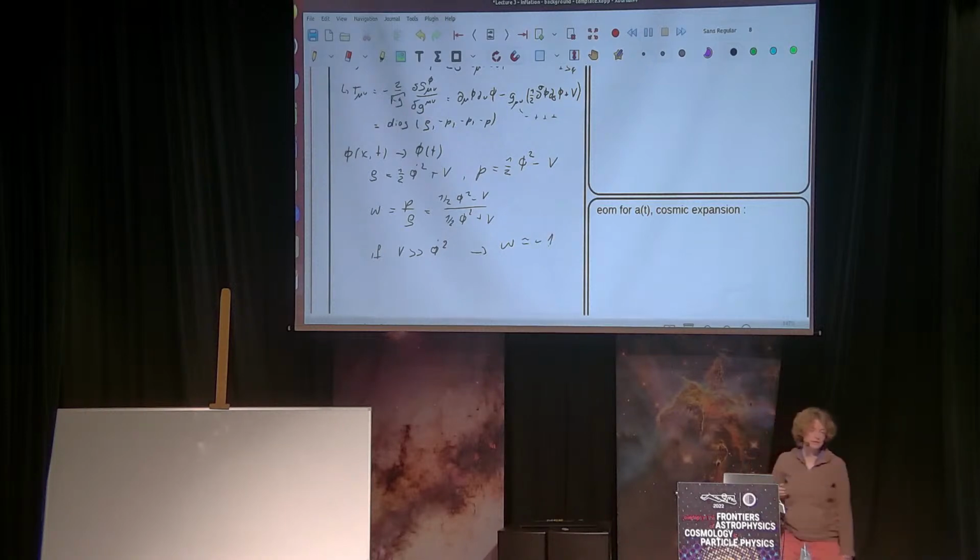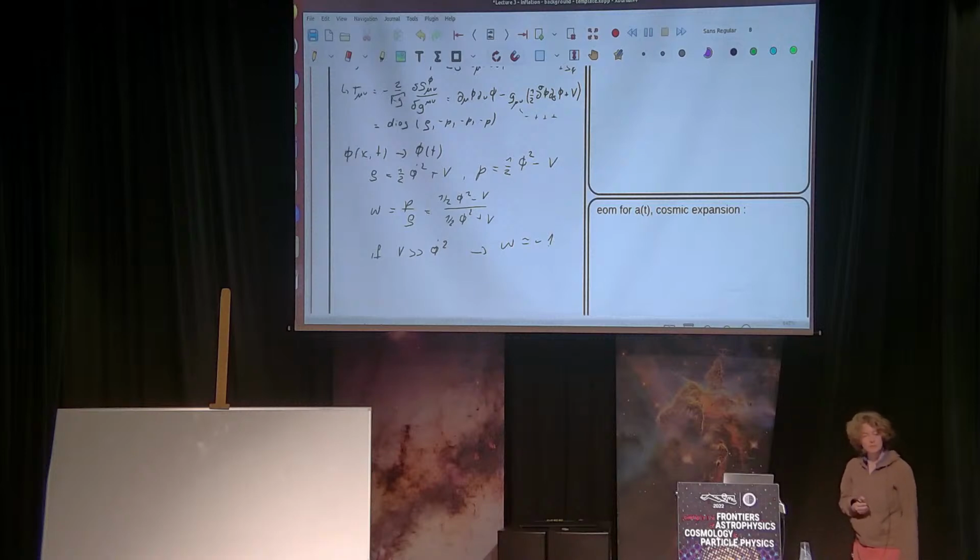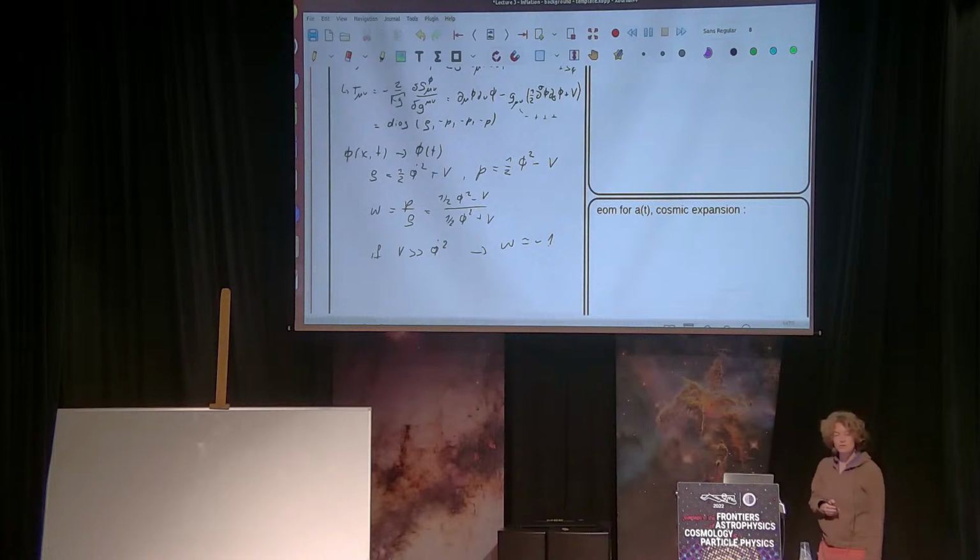And minus 1 is clearly smaller than minus 1/3. So we found a very, very simple particle physics model, which actually gives us this weird equation of state, which corresponds to negative pressure.